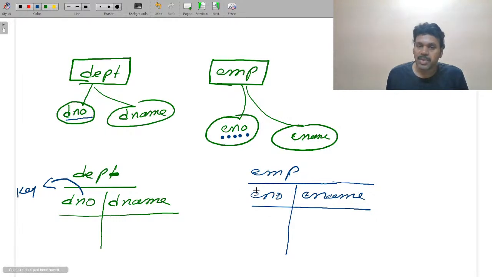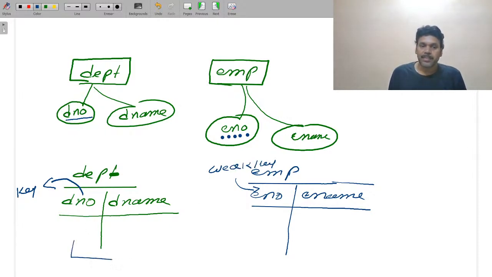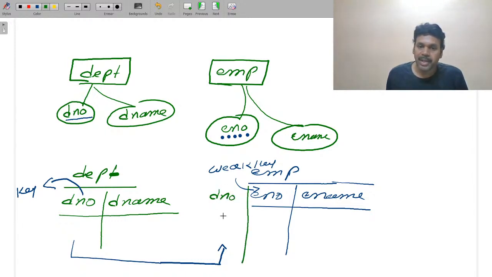Therefore, I am saying that this is a key only, but it cannot represent duplicates on its own. Therefore, what is required? This weak key has to depend on another strong key to maintain uniqueness. You are indirectly depending on the department table in order to maintain uniqueness.